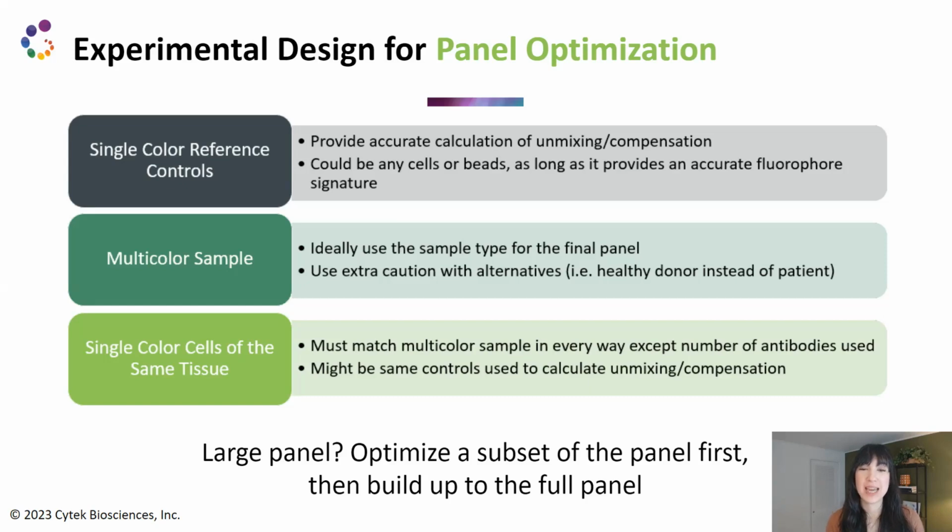So just pull out 10 markers. That's what you're comfortable with. Focus fully on optimizing the 10 markers. This is going to be super easy to optimize. And then when you have that nailed down, then you can move up to your full panel. That's going to be the easiest way to make it through this.